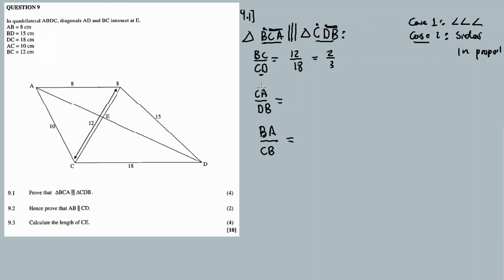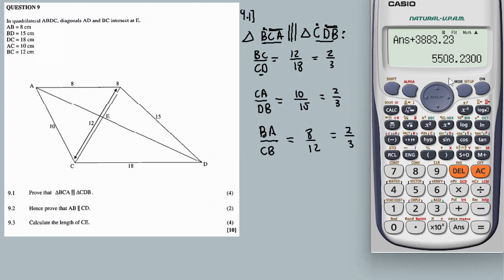Then CA, what's the value of CA? It's 10, divided by DB, which is 15. 10 divided by 5 is 2, 15 divided by 5 is 3. BA is 8, CB is 12. 8 divided by 4 is 2, and 12 divided by 4 is 3. So let's check: 8 over 12 is 2 over 3.